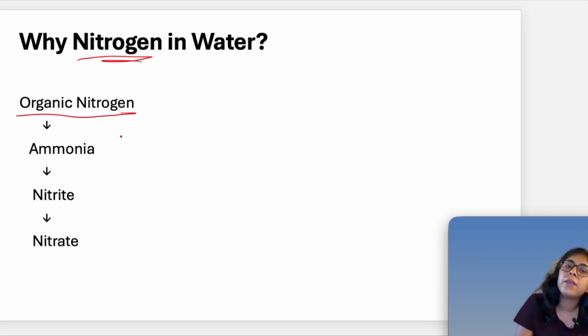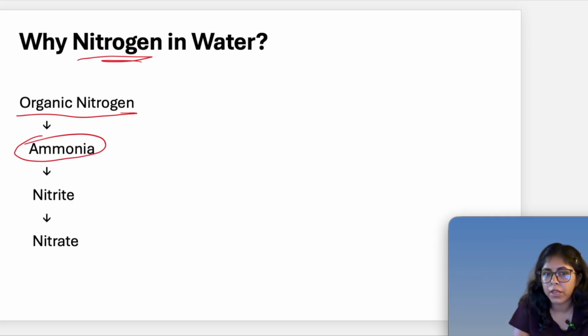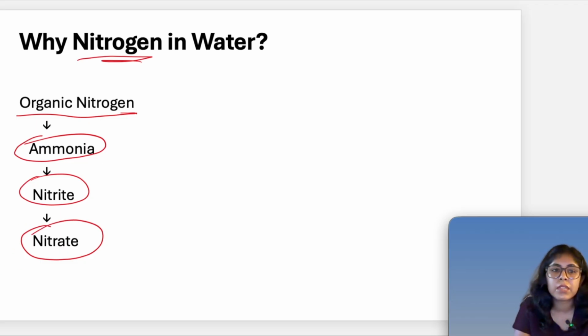So we get the nitrogen in the organic form into the water. Now this organic nitrogen will convert itself to ammonia, and then ammonia will convert to nitrite, and then it will get converted into nitrate. So we'll be seeing this in detail. But why nitrogen in water?